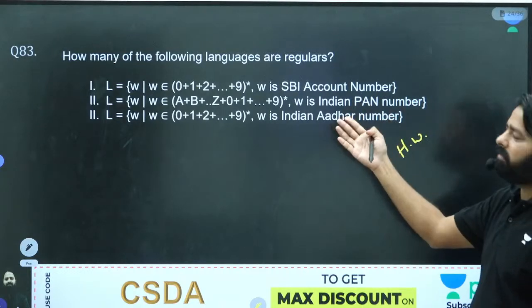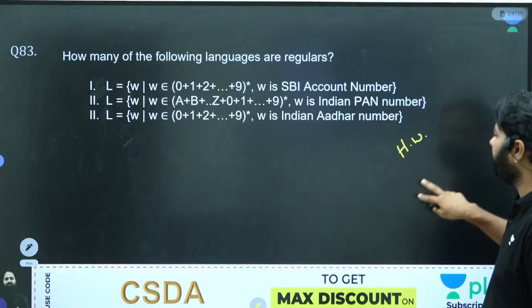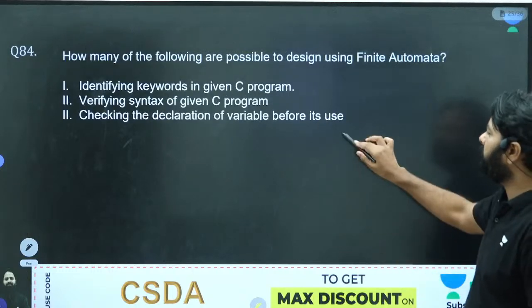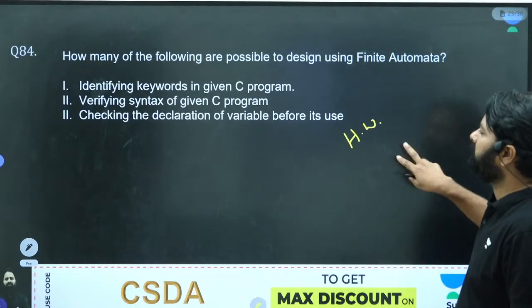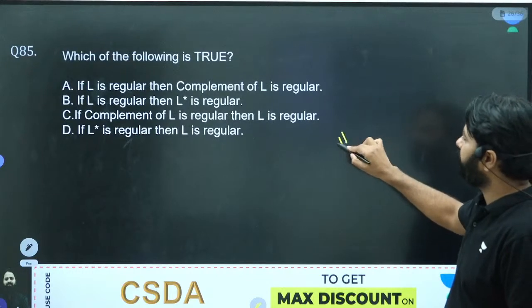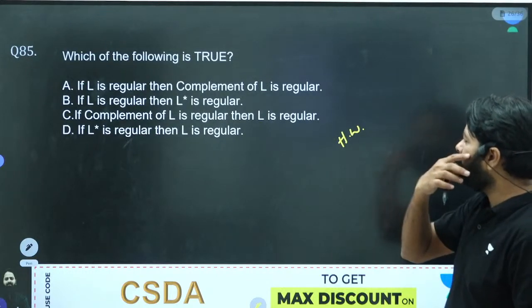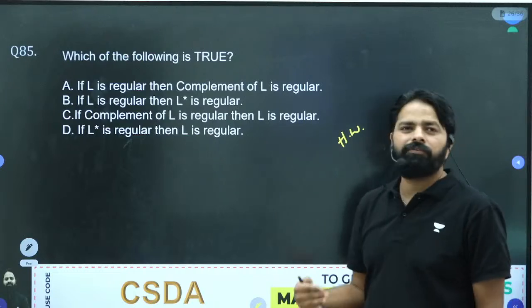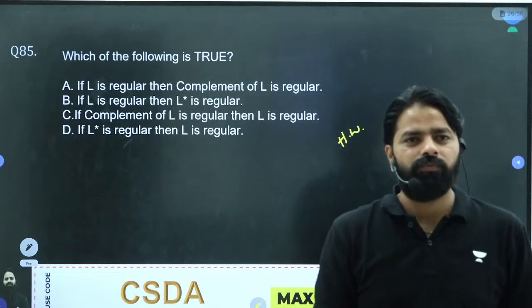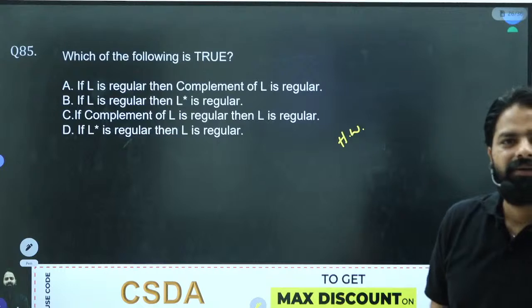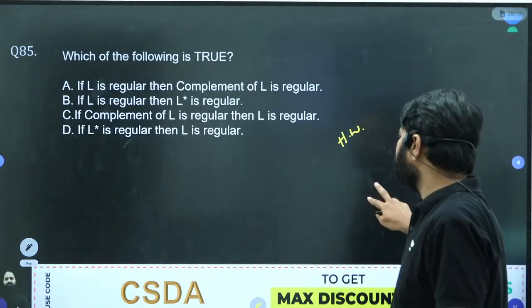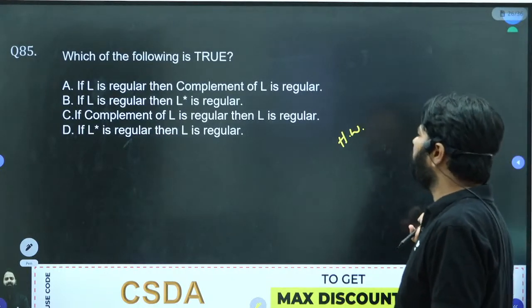SBI is a bank, so the bank account number I have written, so it's okay. Don't share it with anyone. Still homework here, and these questions will be repeated tomorrow also. Do whatever is given, just do it.